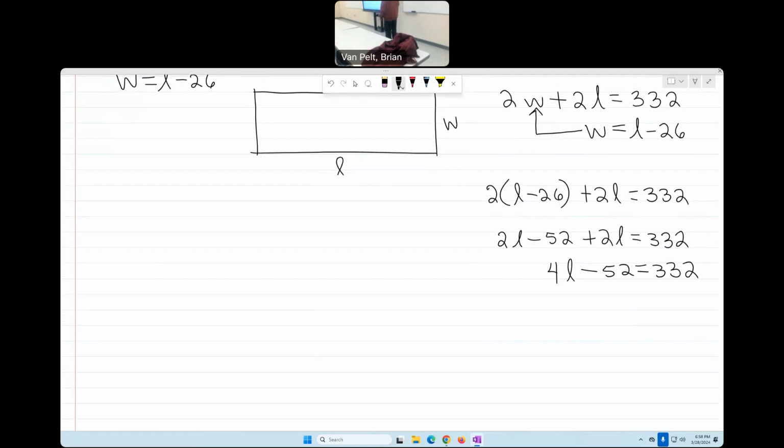Add 52 to both sides, and I get 4L equals 384.